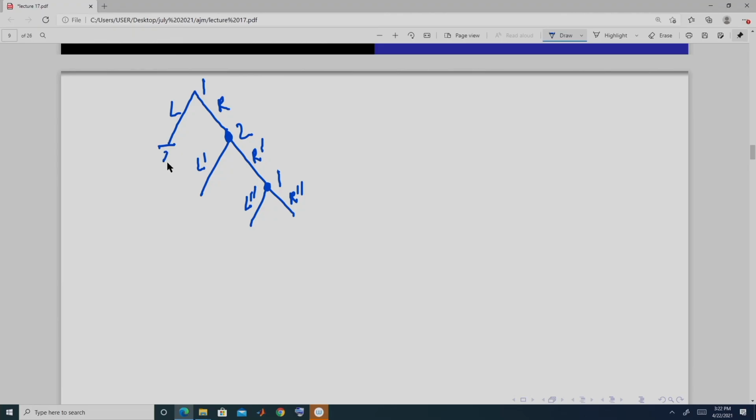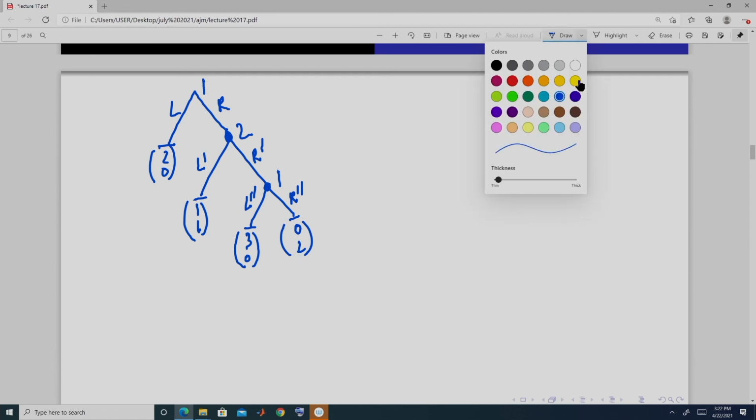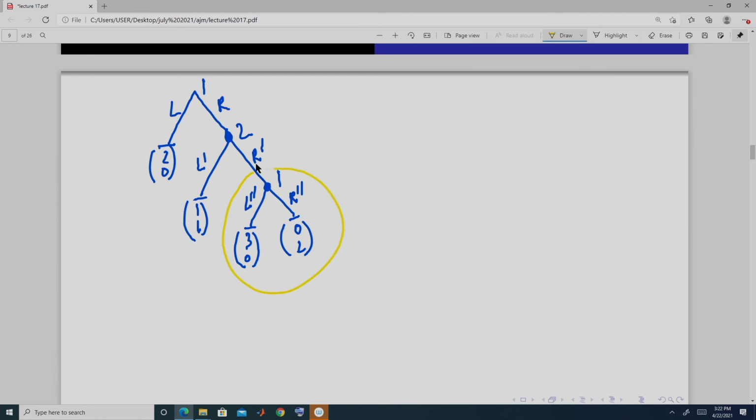Payoffs are... so the subgames are, this is one subgame, this is another subgame. Okay.